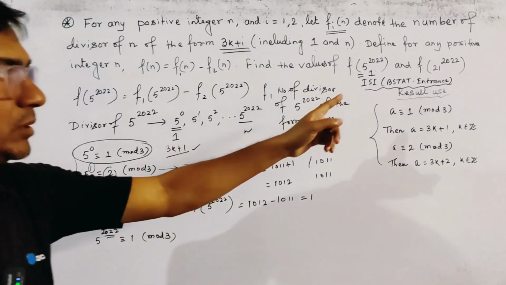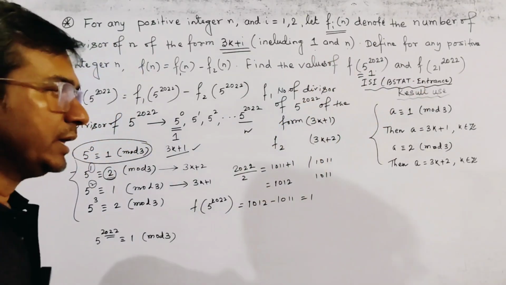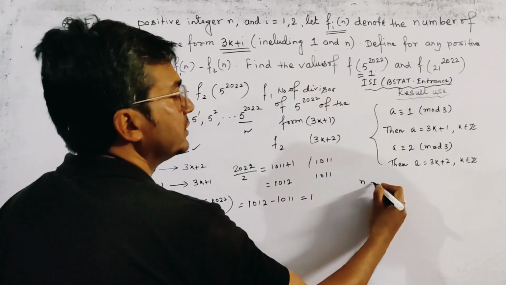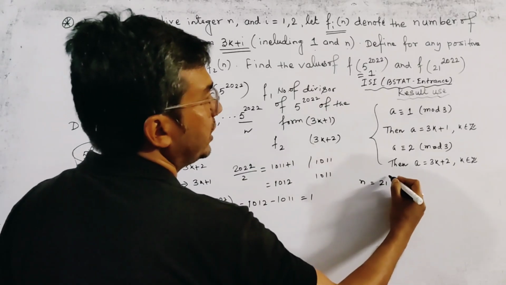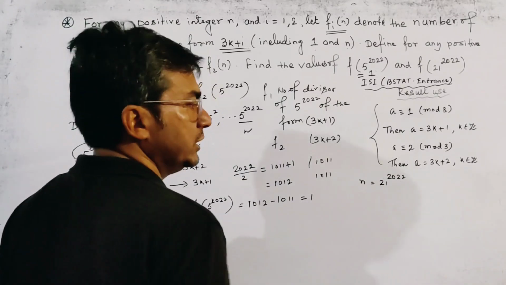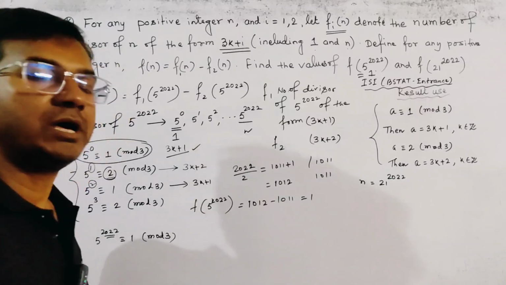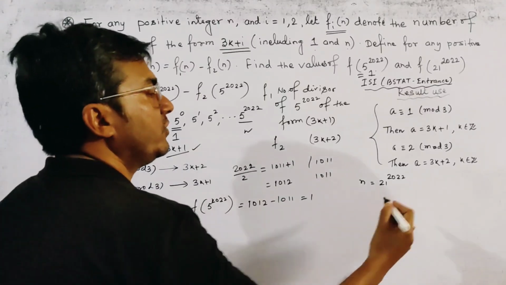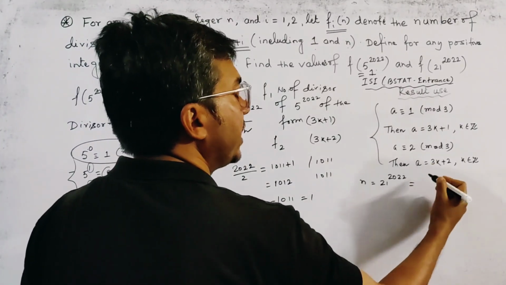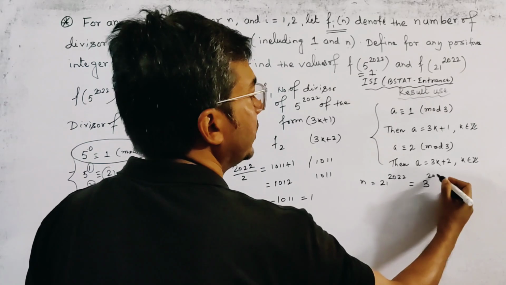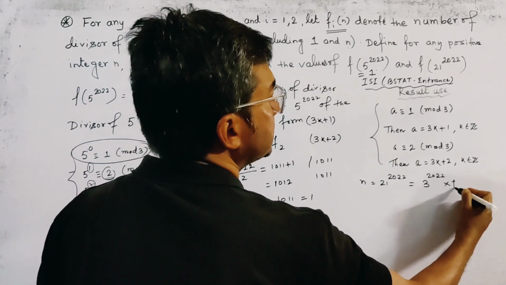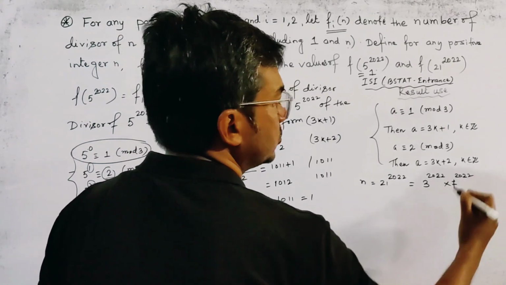Now we test the second one. Here the number is 21 to the power 2022. This is not only a prime power. We first write it as a product of prime powers: 3 to the power 2022 times 7 to the power 2022.